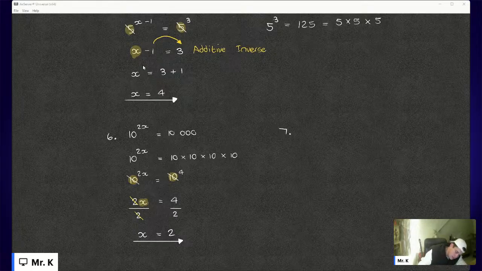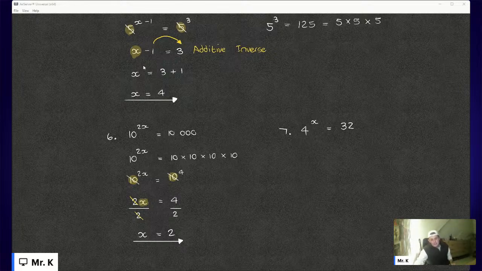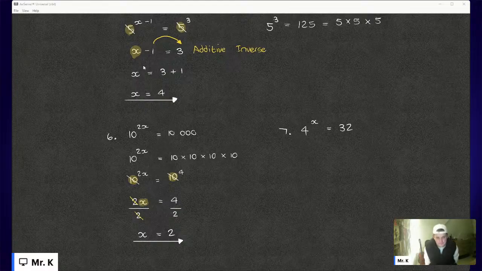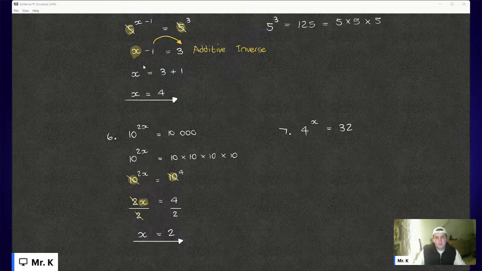Okay, and finally, number 7. If I had something like 4 to the power of x is equal to 32, how would I solve this kind of equation, guys? Again, being able to solve exponential equations is going to rely relatively heavily on your understanding of the exponential laws that we discussed earlier on this year.